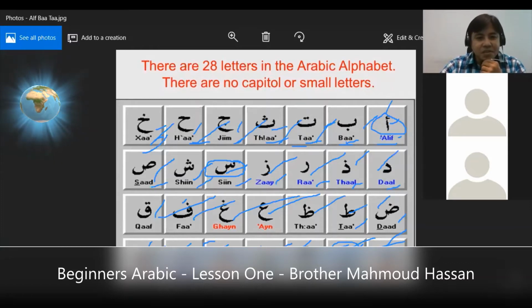So for us to continue, as I mentioned to you, if you would like to sing it, you can do it. For example, if I sing the Arabic alphabet for you, it's very simple, just say ألف باء تاء ثاء جيم حاء خاء دال ذال راء زي سين شين صاد ضاد طاء ظاء عين غين فاء قاف كاف لام ميم نون واو, or you can say ha, wow, ya.